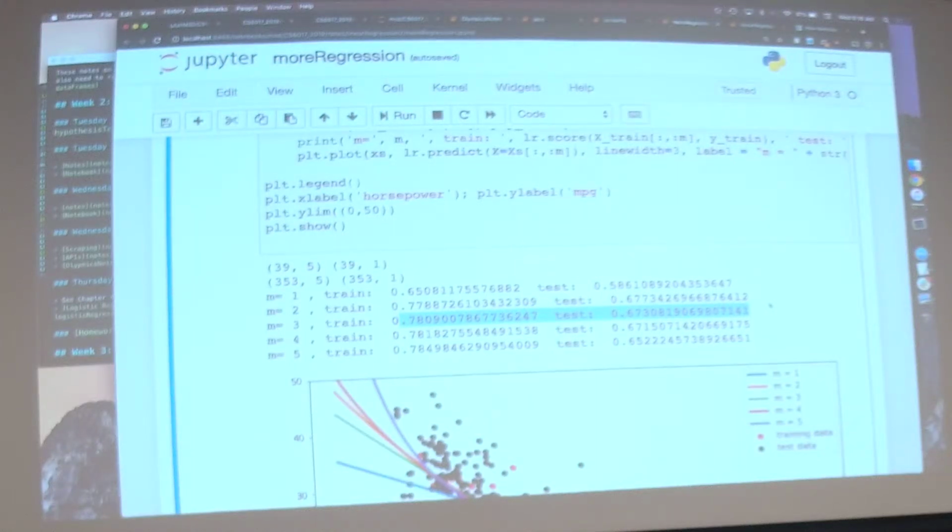Our testing, if we overfit, is actually going to get worse because we're adding extra wiggles that match the training data, but not the testing data. So at this point, probably the cubic is overfitting. It gets worse as I add more terms. So when I go to the 5th degree, I would definitely overfit.